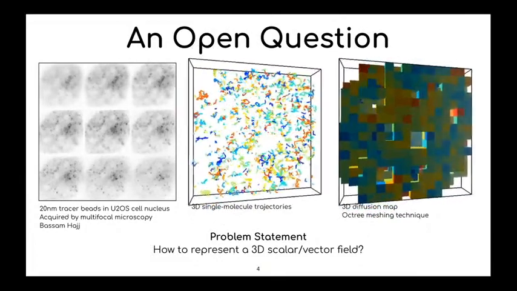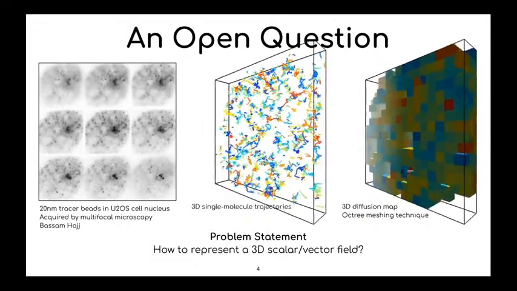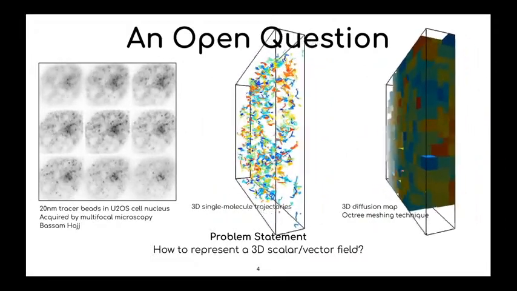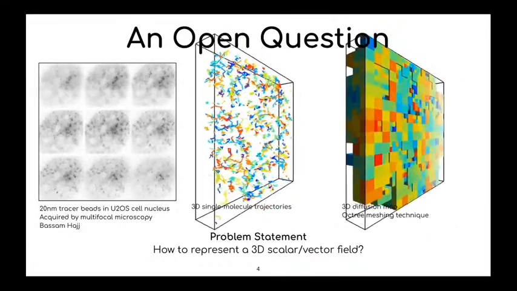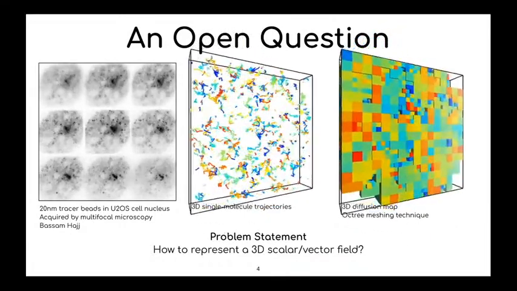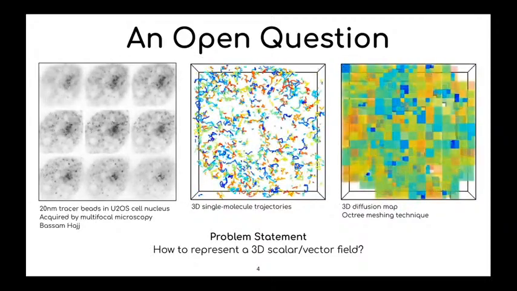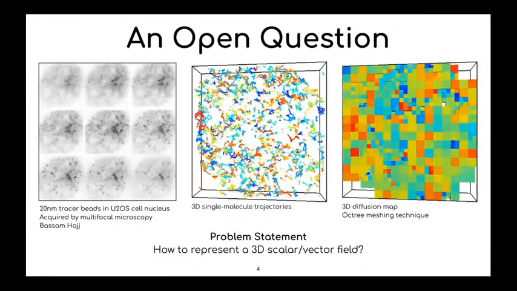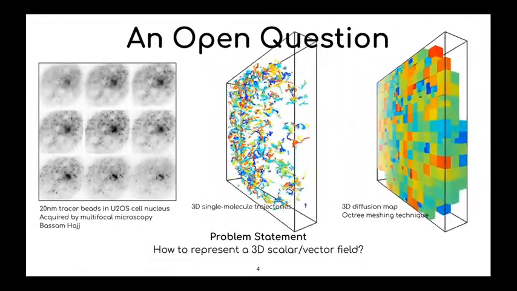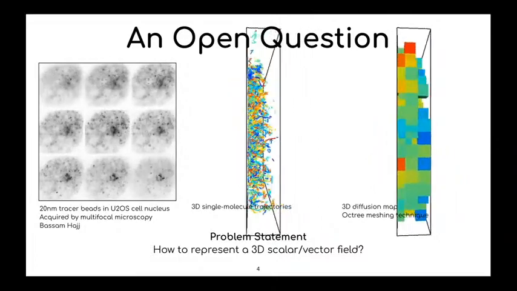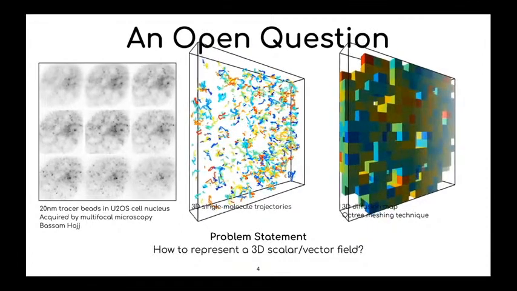While this representation does give us a feeling of the dynamics exhibited by these tracer beads, such as the multi-scale diffusive behavior, which is very characteristic of the dynamics of the cell nucleus and its very multi-scale physical architecture, this representation is lacking. It is lacking notably due to the difficulty in perceiving this volumetric information in a very intuitive fashion, as it's very difficult to really get a feel for what's actually going inside the cell nucleus when we visualize like this.